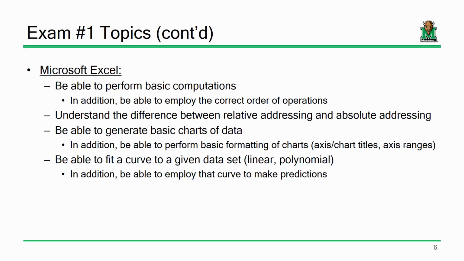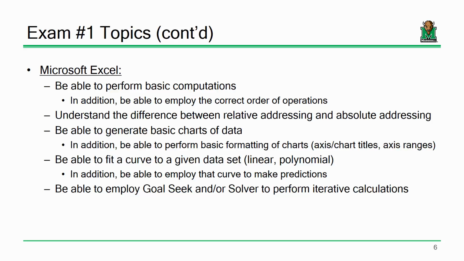You would use the equation that it gives you, y equals mx plus b. You would substitute in some x value and use the equation to predict a y value. That's another skill that you practiced on the homework assignments.